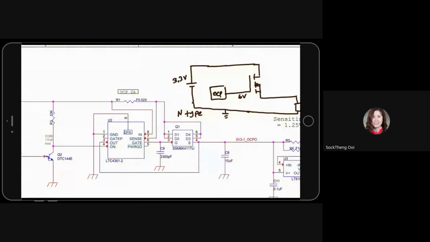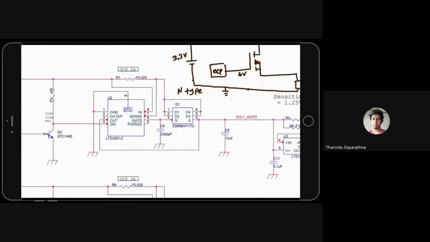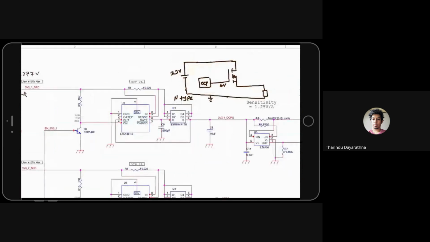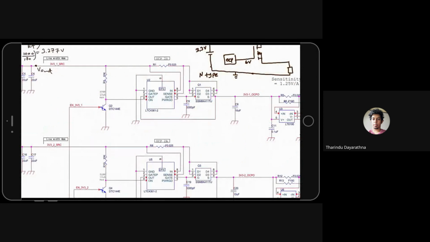Now you can see the circuit and you will understand. This is our MOSFET. The current path is this shunt resistor and goes through this one. These are the voltage sensing pins for the OCP. Then I said we can enable or disable the OCP.